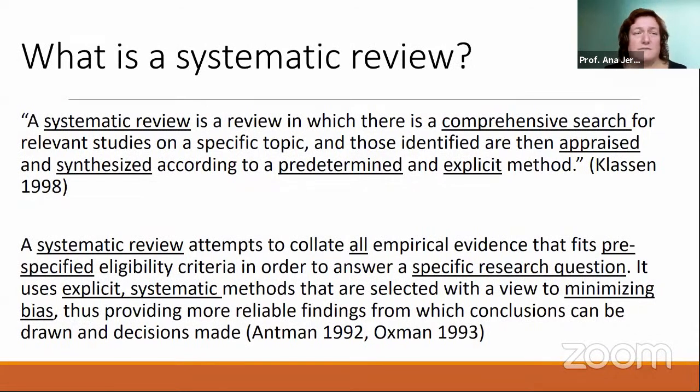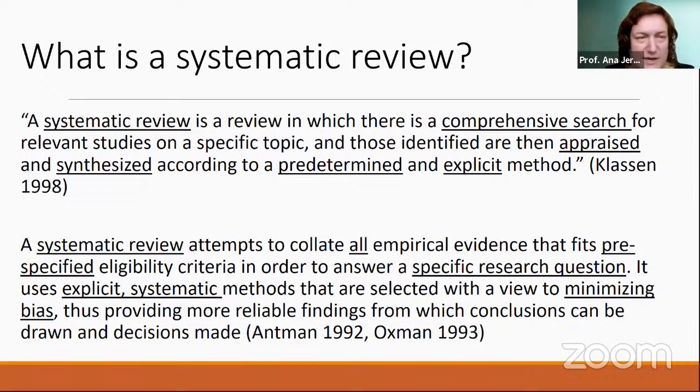If we look at the definition, it says a systematic review is a review where there is a comprehensive search of relevant studies on a specific topic, where those studies are appraised for risk of bias and synthesized according to predetermined and explicit methods. So the very definition of a systematic review actually includes 3 characteristics of evidence.